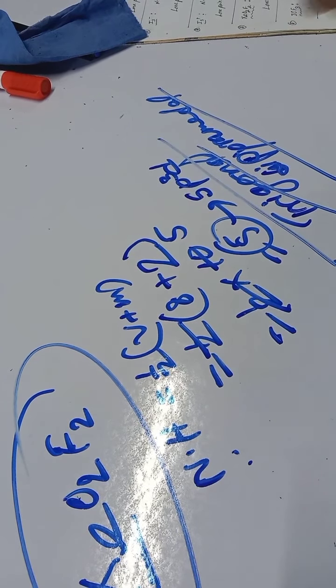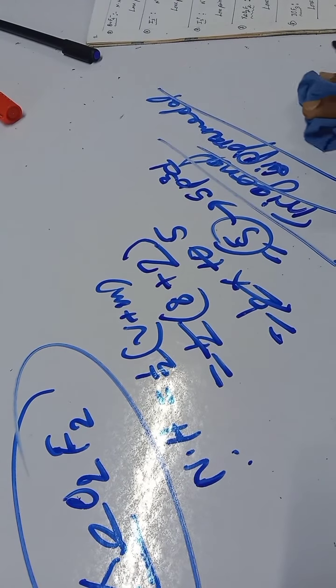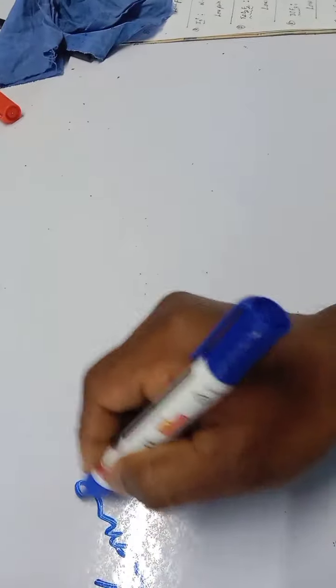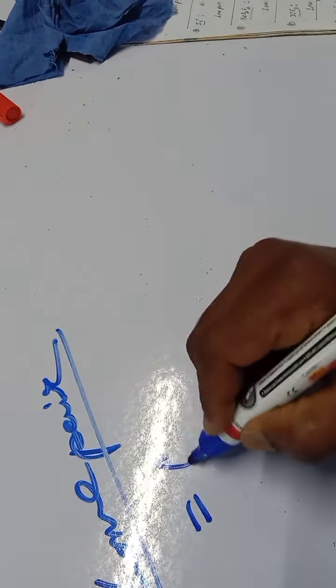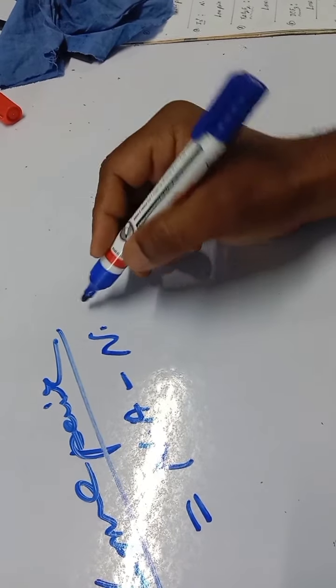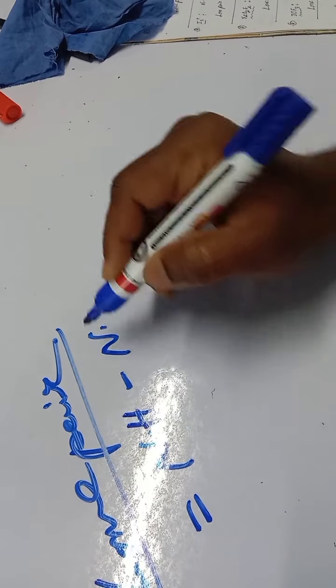My dear viewers, my dear students, is it clear? Also, any problem, please comment on this part. Next part, number of lone pair. Number of lone pair means NH minus NA.